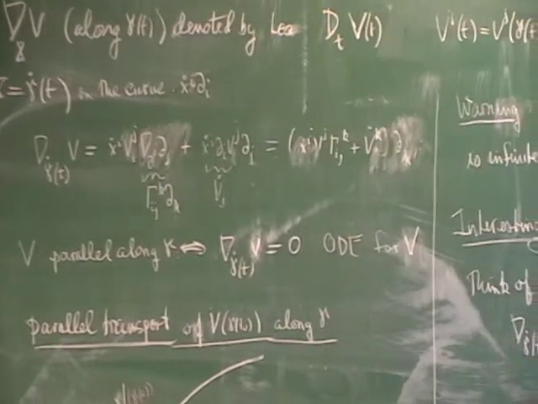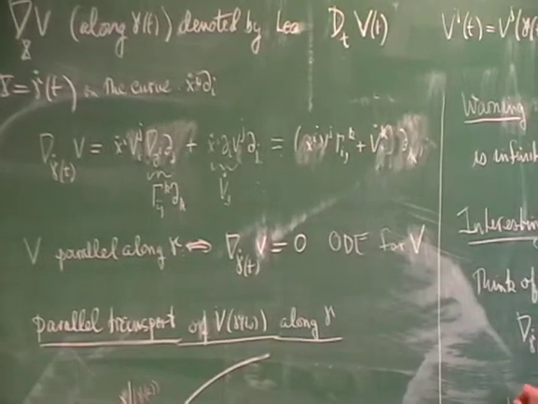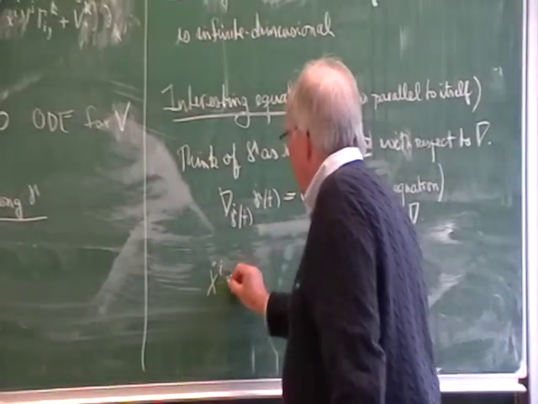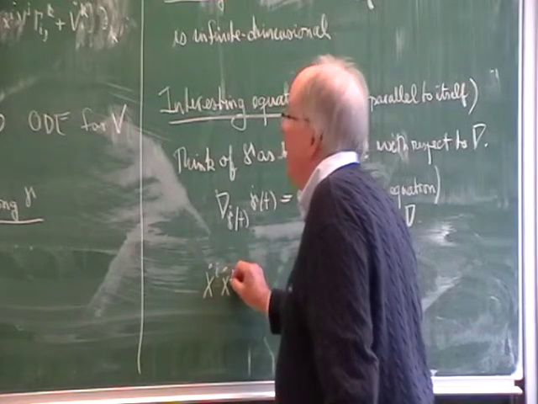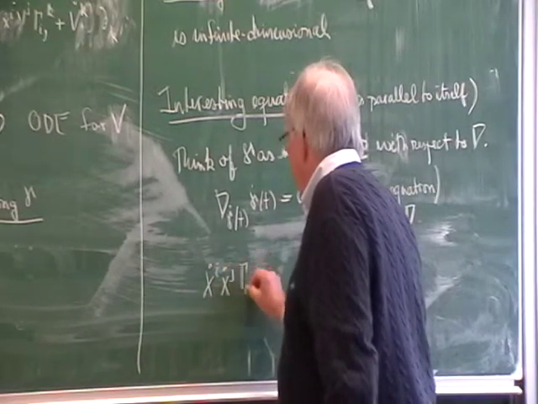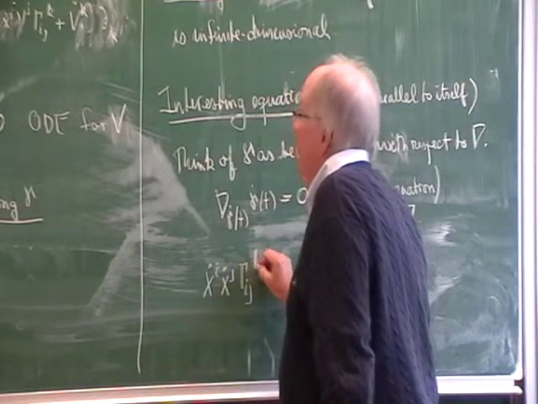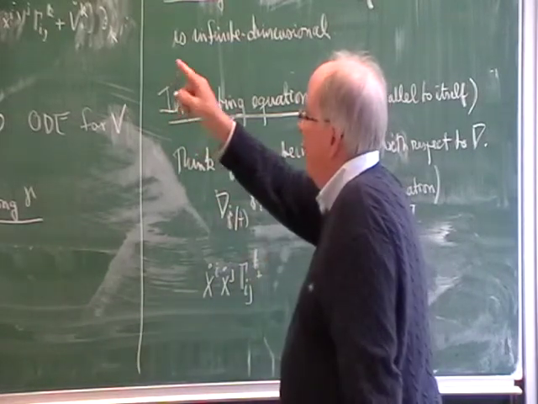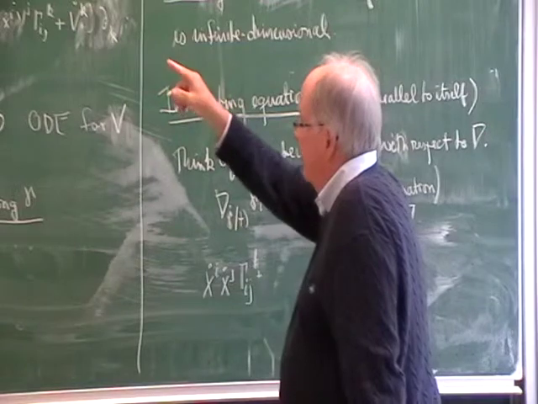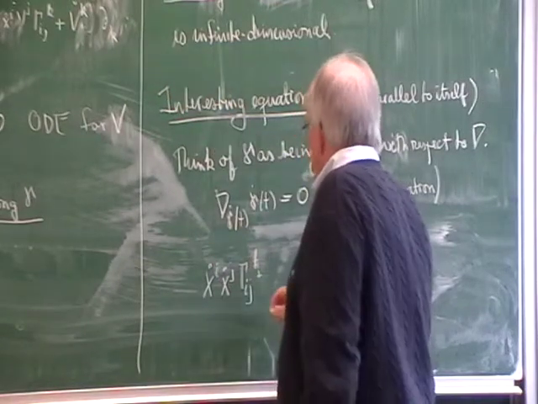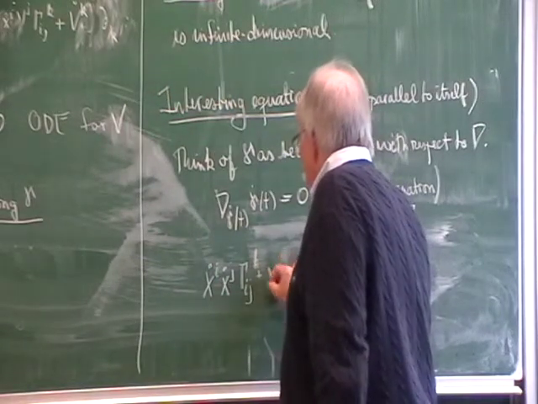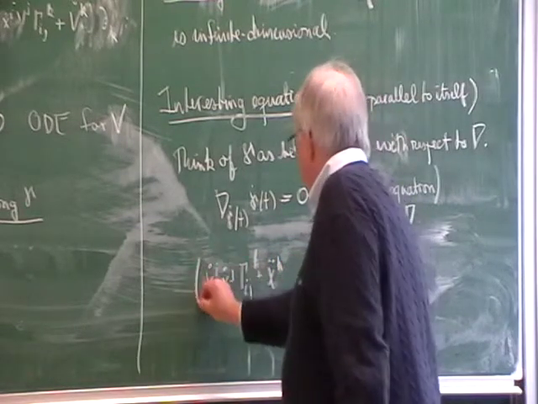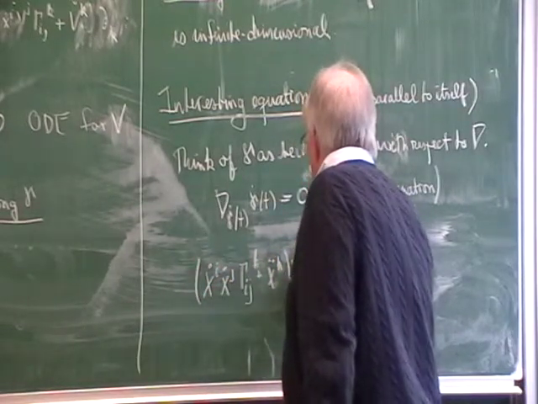So the geodesic equation is this: x dot i, and now Vj is also x dot j, gamma ijk, plus the second derivative, so Vk is x dot k, Vk dot is x double dot k.